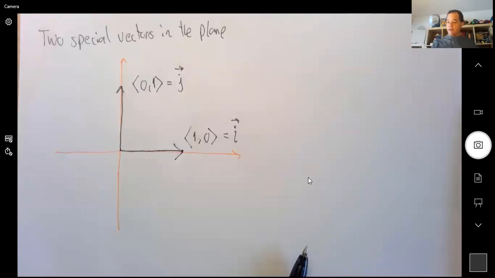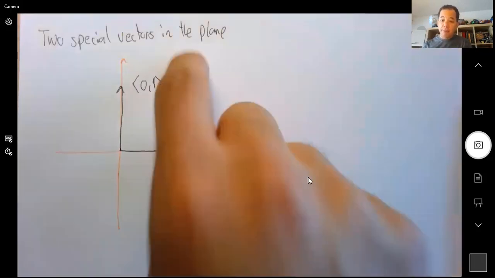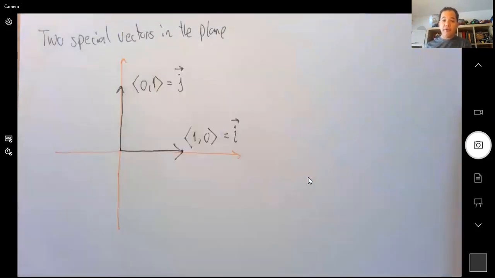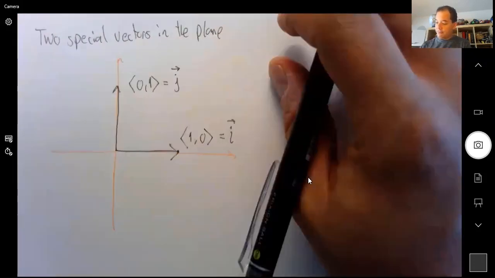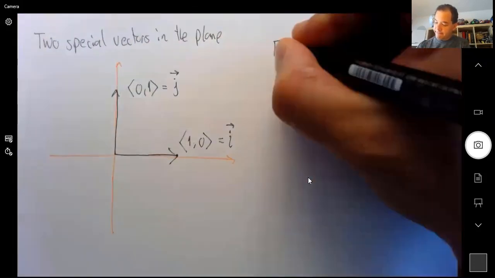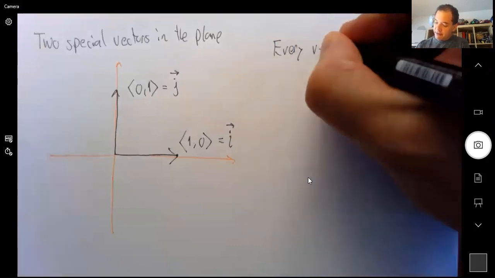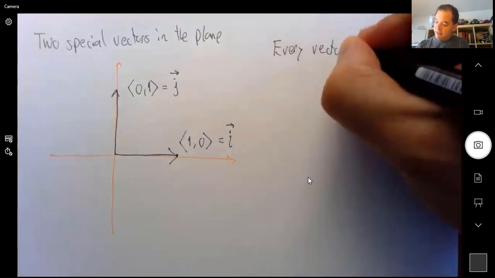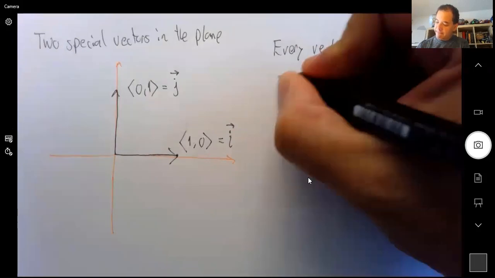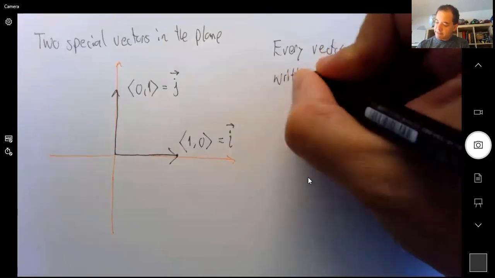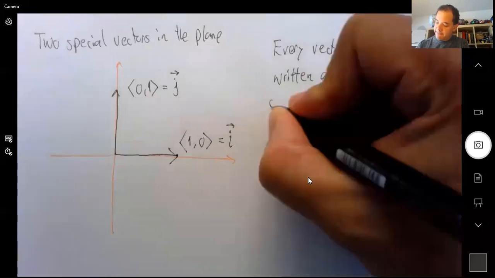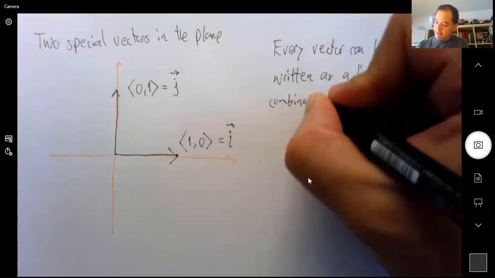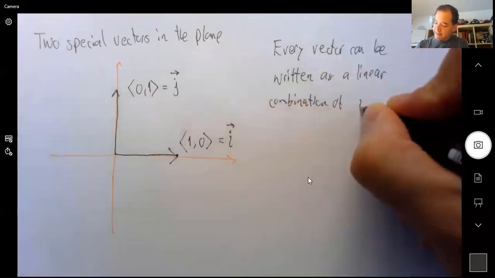The reason these are important is because now you can write other vectors with combinations of i and j. So every vector can be written as a linear combination of i and j.